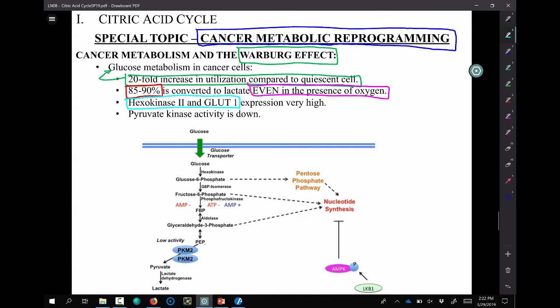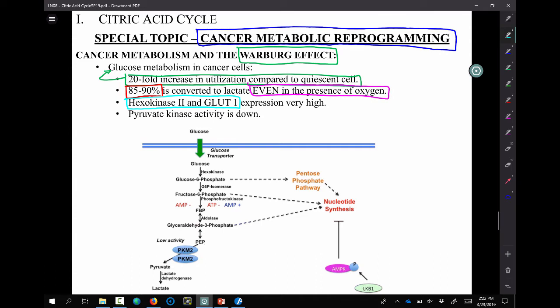Expression of GLUT1 being high in the membrane means that it has pretty massive ability to absorb glucose. High expression of hexokinase 2 means that if glucose does get into the cell, it can be trapped almost immediately. So that's essentially some of the how this happens.